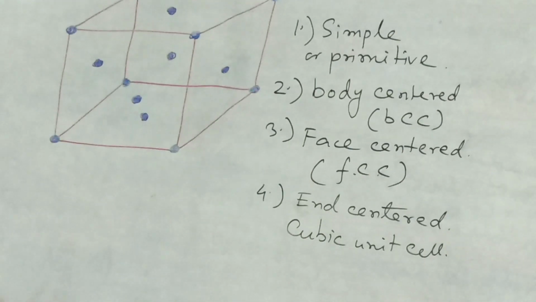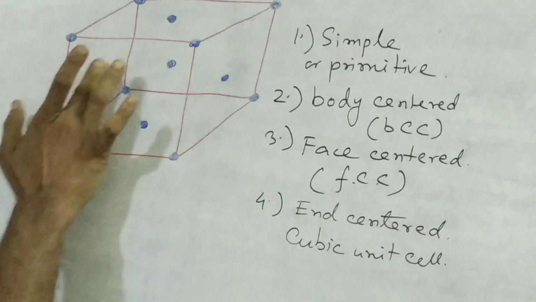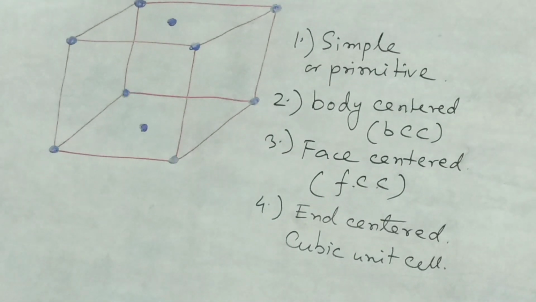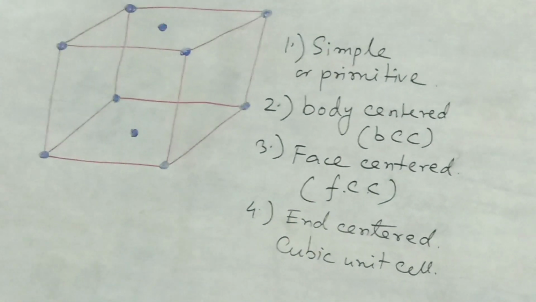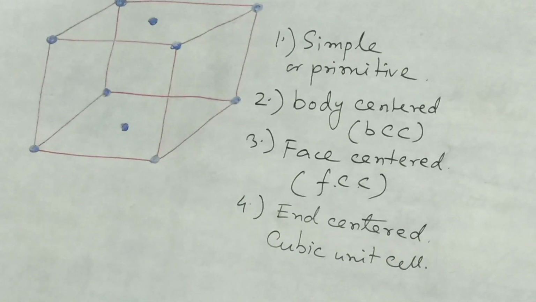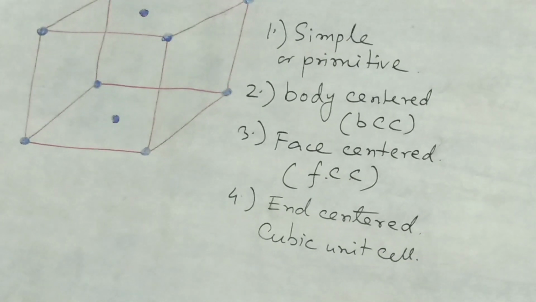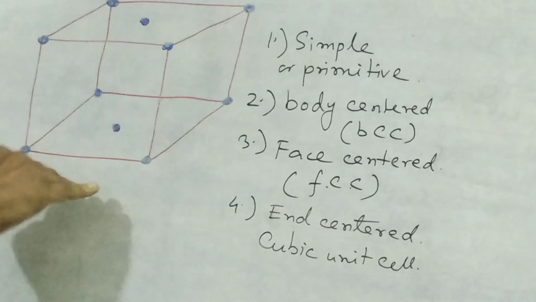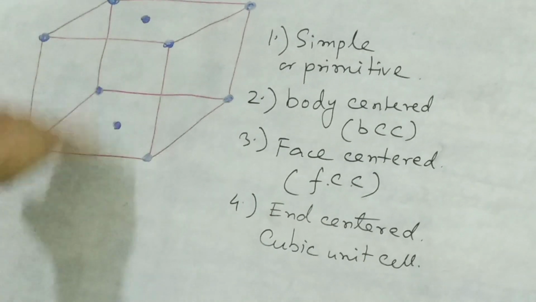And last of all, end-centered cubic unit cell. You see, end-centered cubic unit cell possesses 8 constituent particles at 8 corners, in addition to 2 particles at the center of the opposite faces or parallel faces.